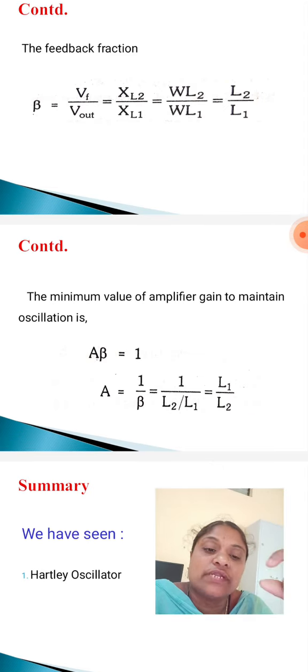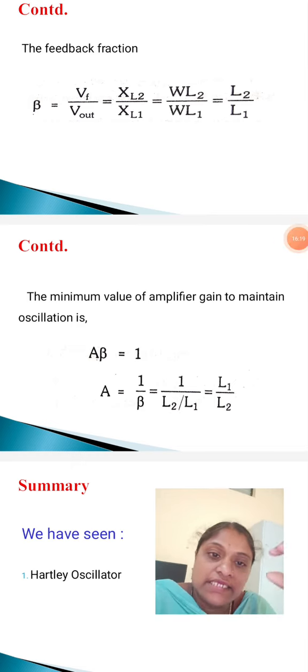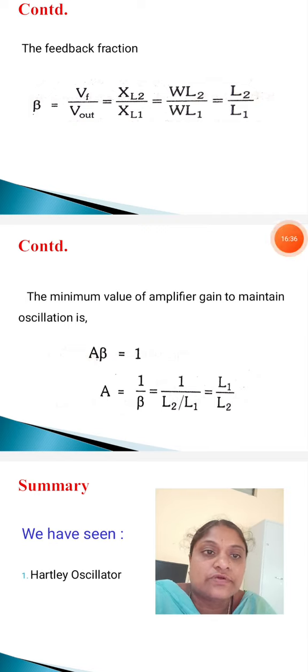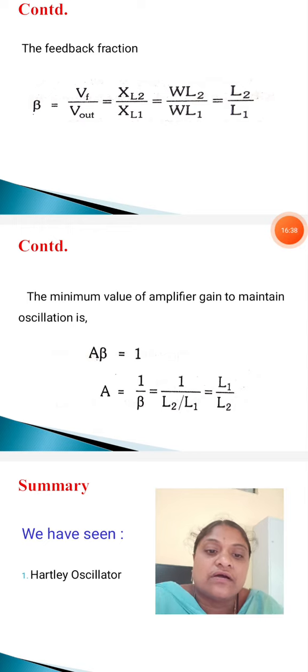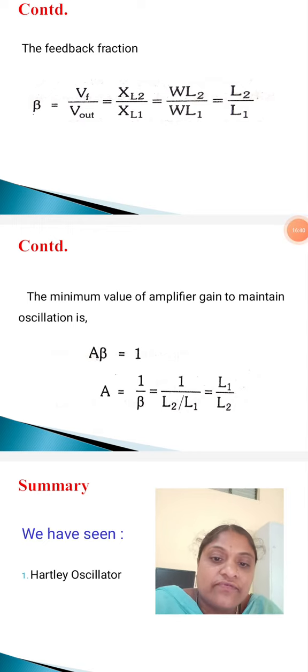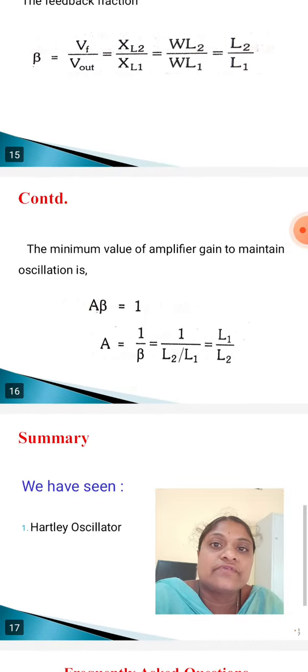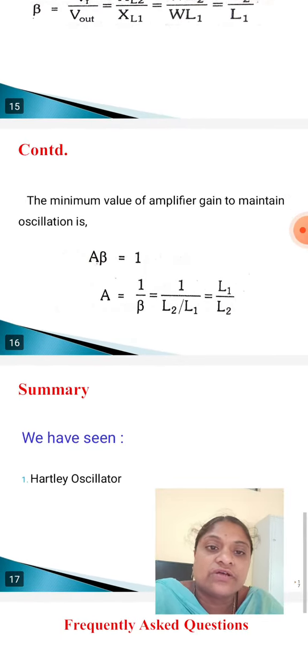Substitute beta equal to L2 by L1 in this gain equation. Therefore, gain A is equal to 1 by L2 by L1. After simplification, the minimum value of amplifier gain A is equal to L1 by L2. So this is the operation or working principle of the Hartley oscillator, and we also found the feedback fraction and amplifier gain.